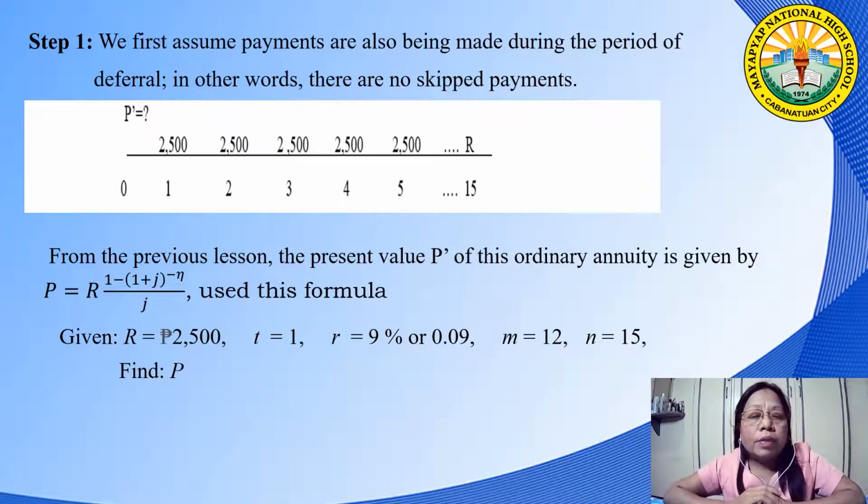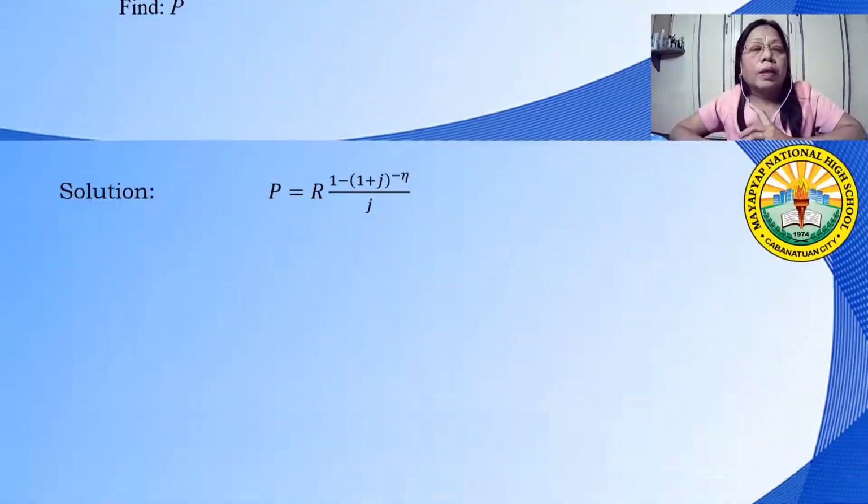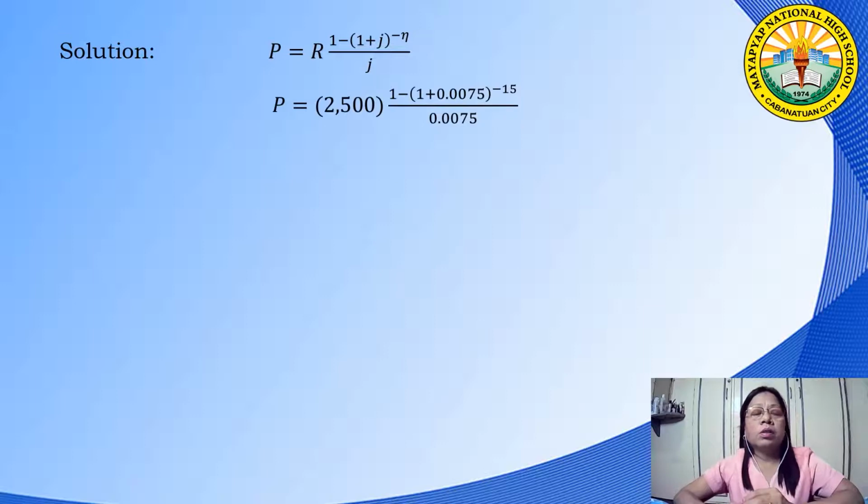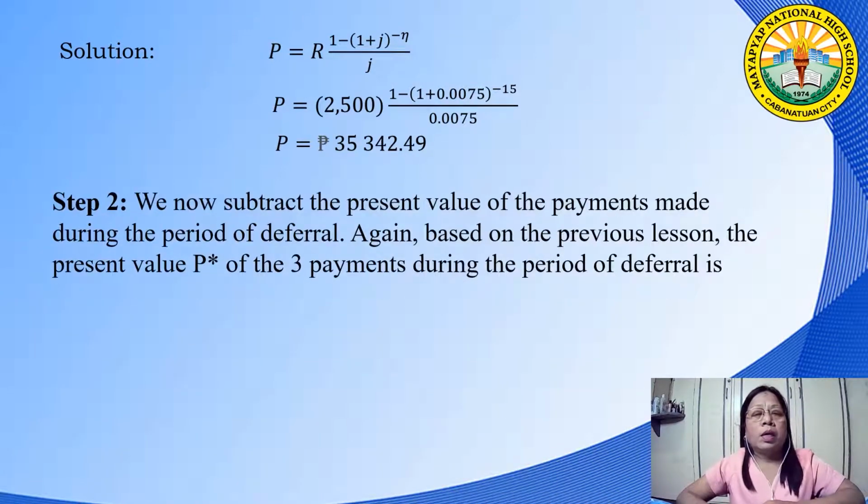Again, the given, then you find P. Substituting the values of j and n, P is equal to 35,342.49 pesos.